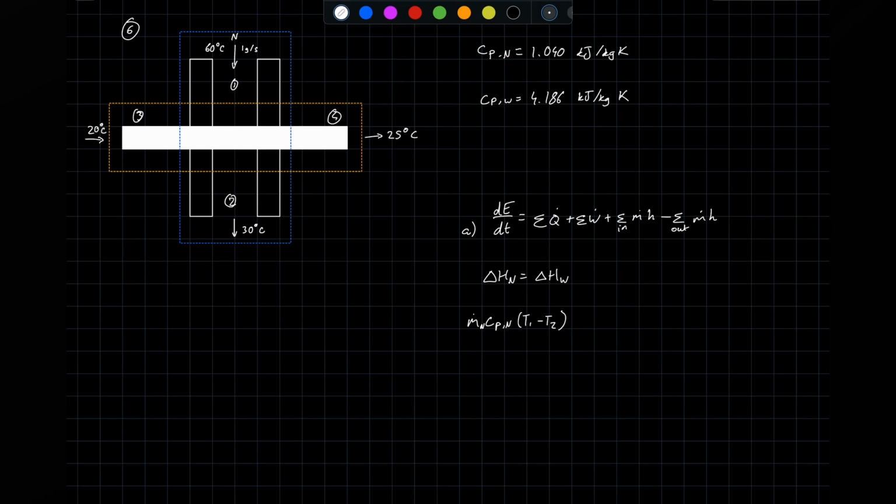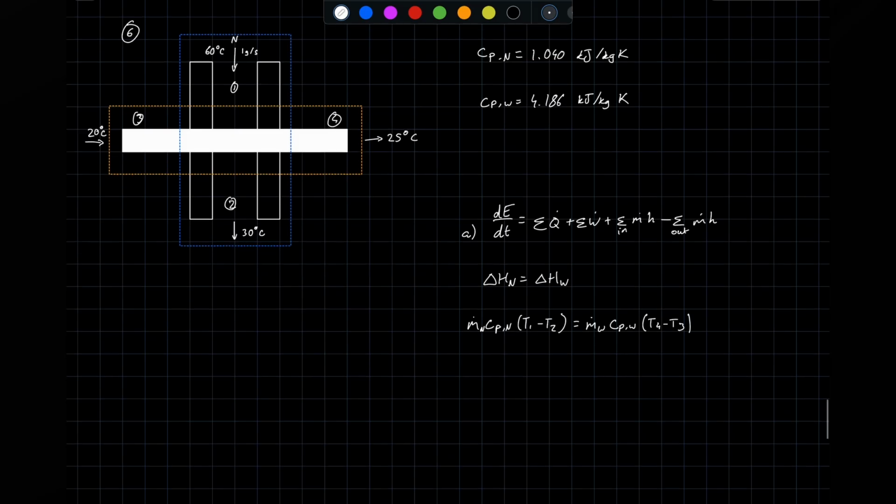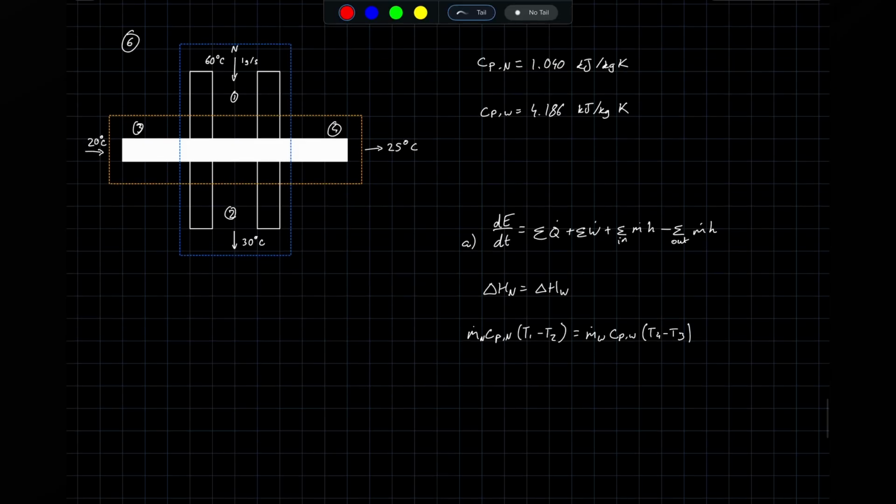T1 minus T2, and it just makes numbering or writing things down easier. So then we have the mass flow of the water, Cp water, times T4 minus T3.